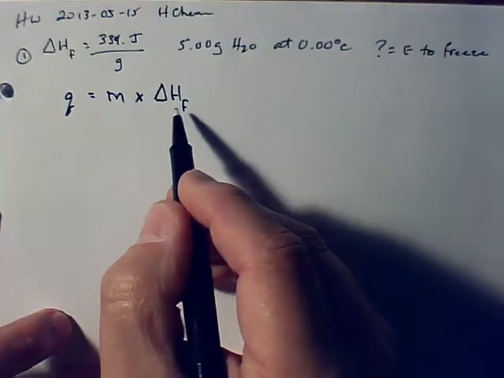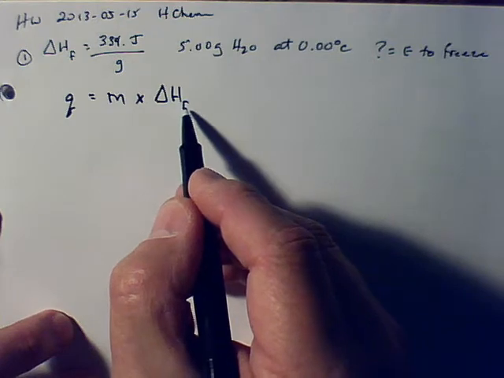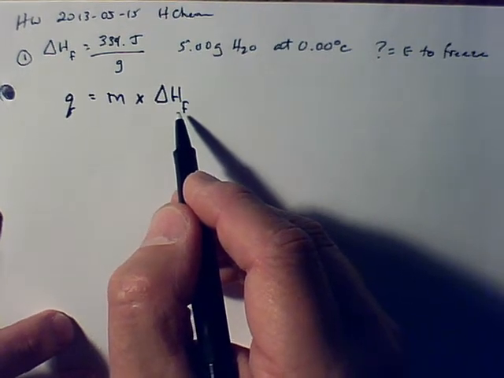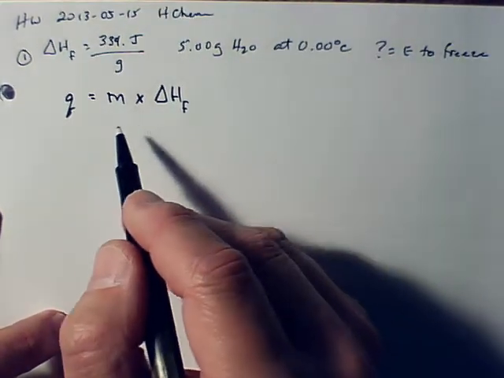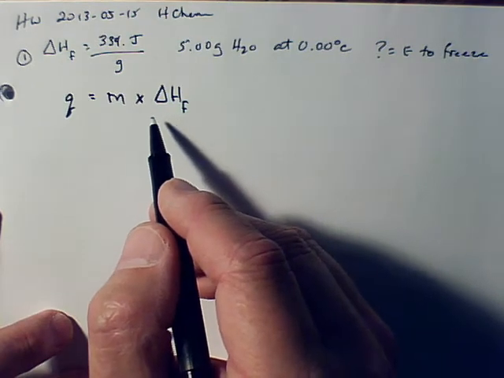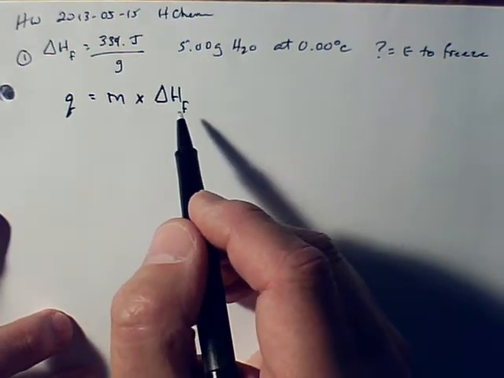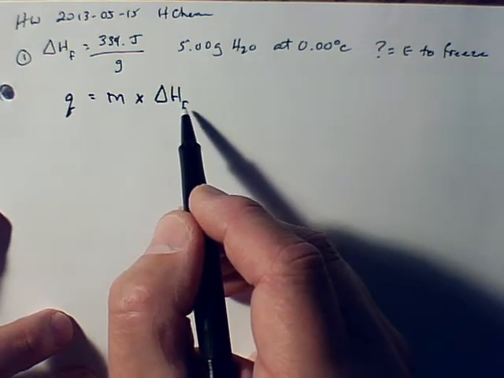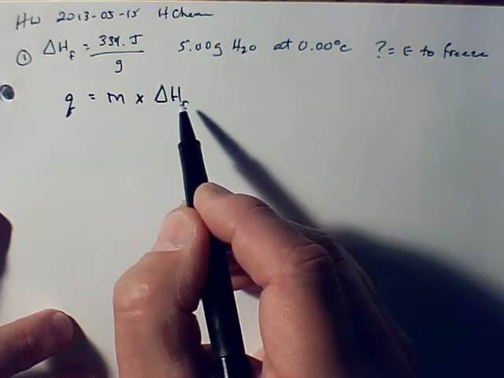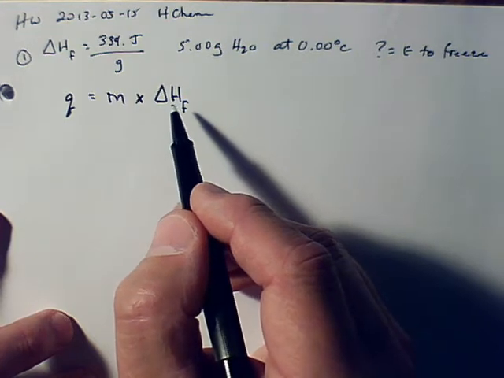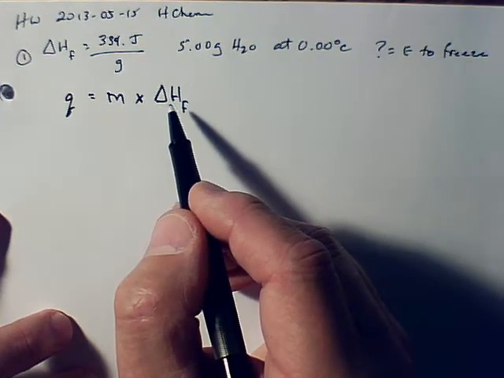Now, if it was delta H sub B here, that would be for boiling. So that would be what happens when you go through that transition state between liquid and gas for that substance. And every substance has 2 different enthalpies, just like every substance has 3 different specific heats.